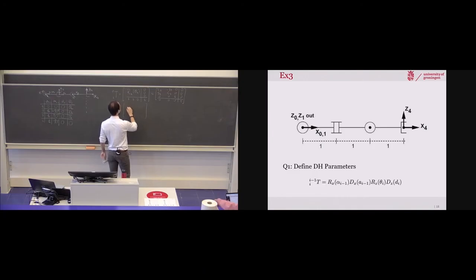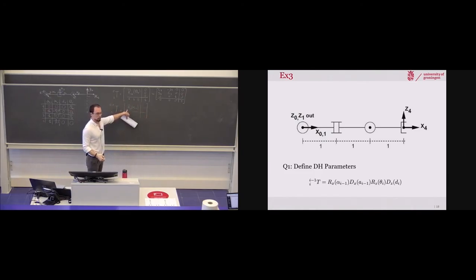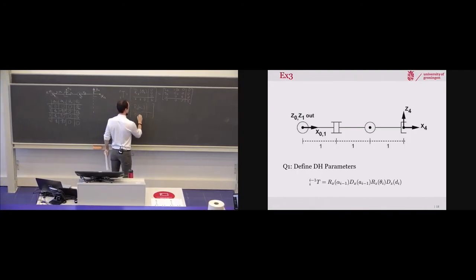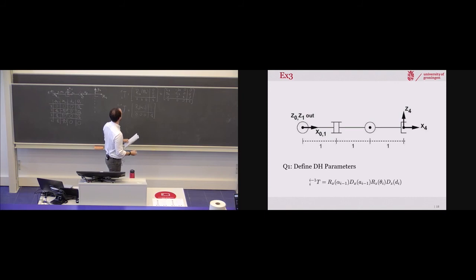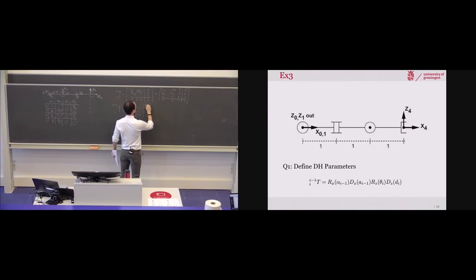You have the rotational matrix along x of alpha i minus 1, okay? That is the 3 by 3 upper left block of this matrix. Here there are 0, 0, 0. Here there is a 1. And here there is just a i minus 1, okay? So this one will be a of i minus 1. This one will be 0 and 0. Why? Because it is a translation of a i minus 1.